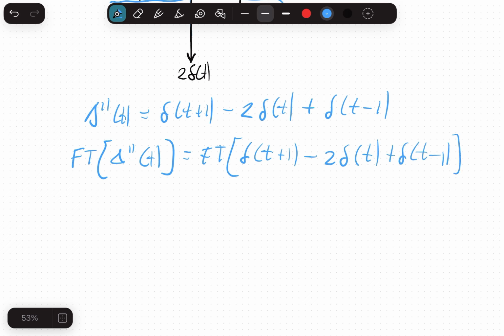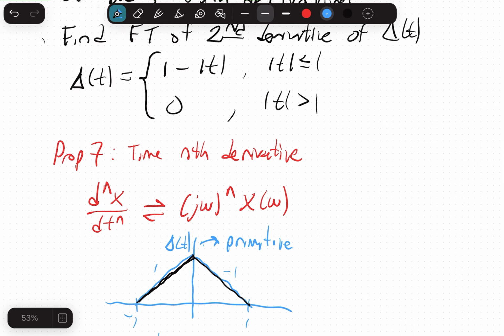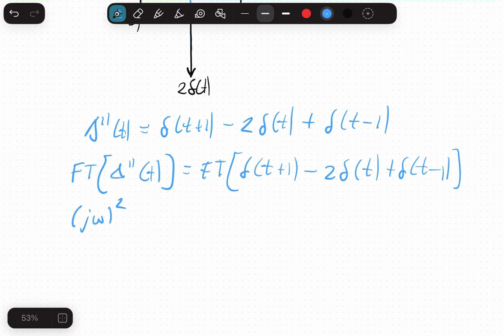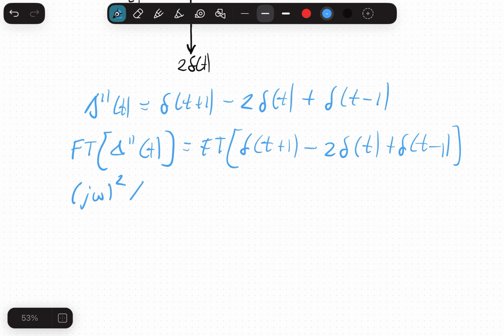So what this is going to look like is, this side will be negative j omega squared, using the property, so this is a 2, times, I'll call this one X of omega.